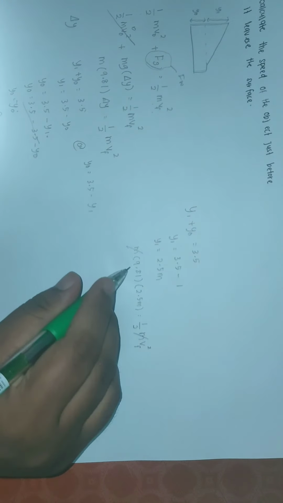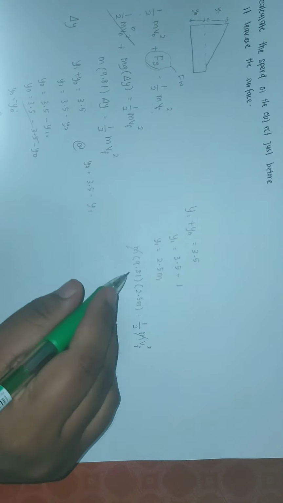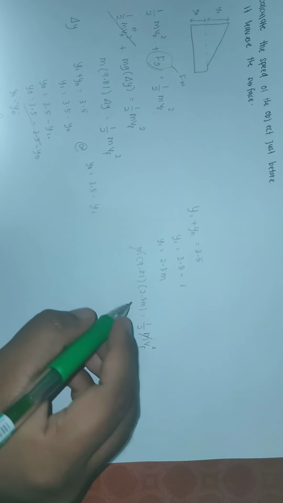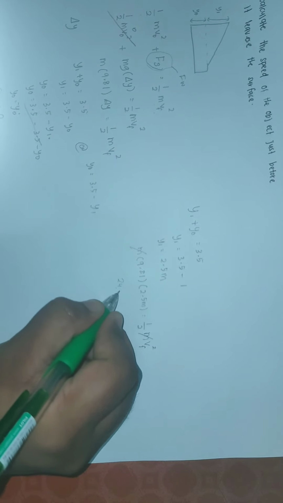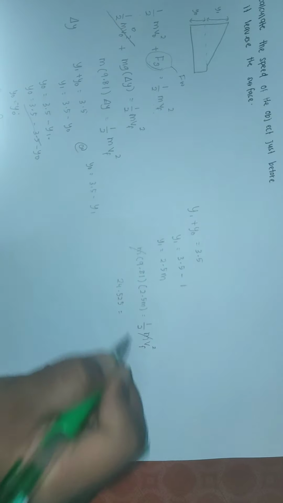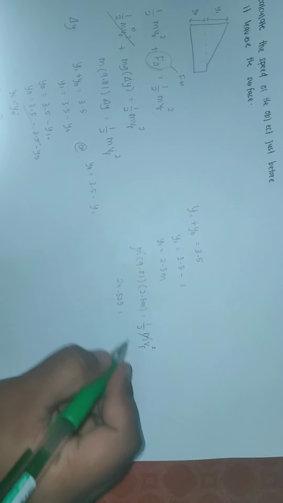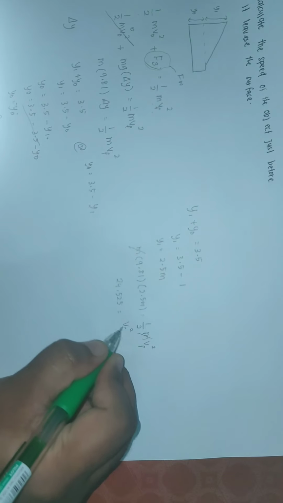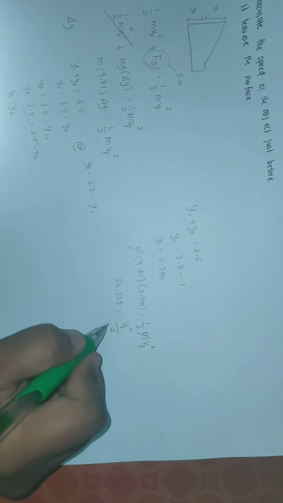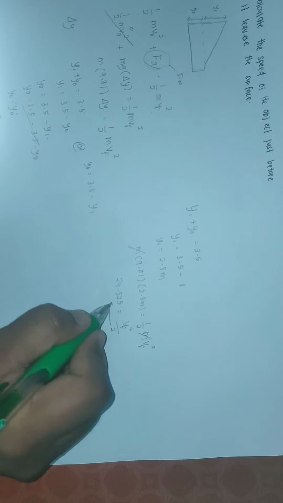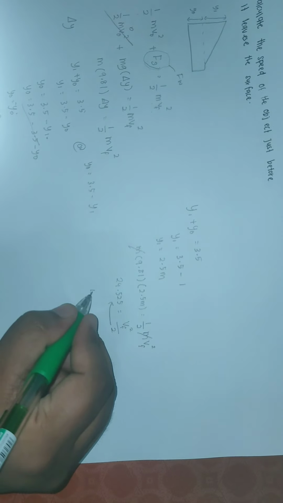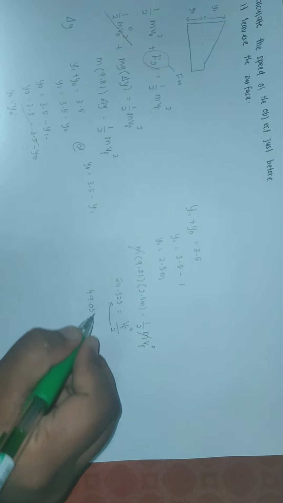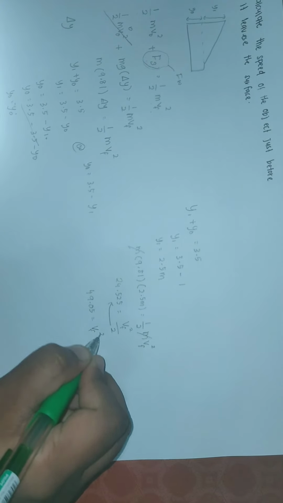So we multiply these values and we get 24.525 equals v final squared over 2. We just multiply by this number, and we get 49.05 equals v final squared.